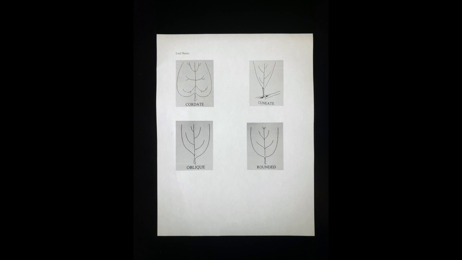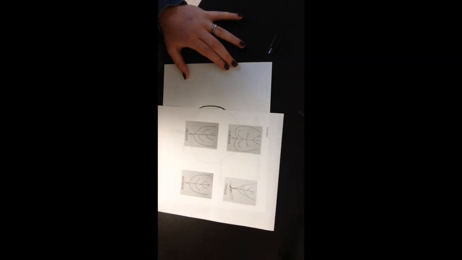So next I'm moving on to bases. You would think if it's a cordate shape, it should have a cordate base. However, if you look at this leaf, this one does not, but this can also vary leaf to leaf.